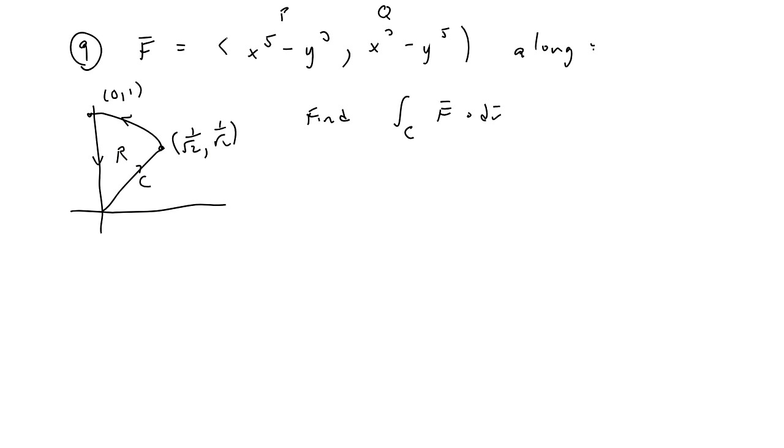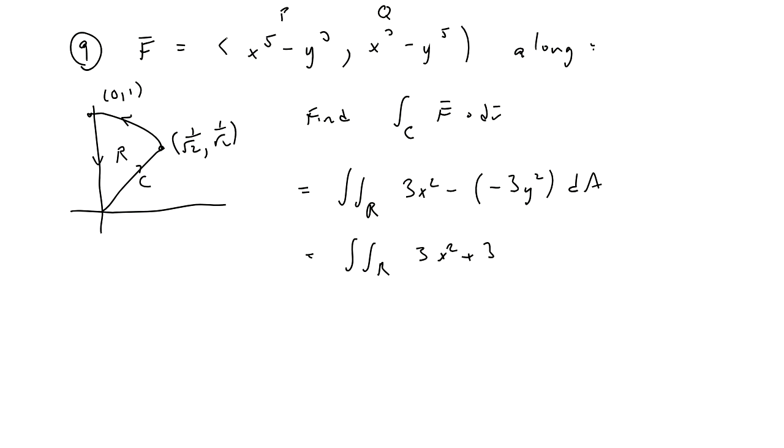Green's theorem says we can make this into a double integral over the enclosed region of q of x minus p of y. So we get a regular double integral.